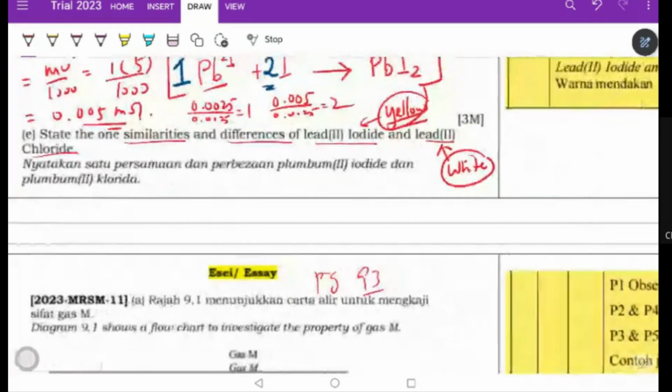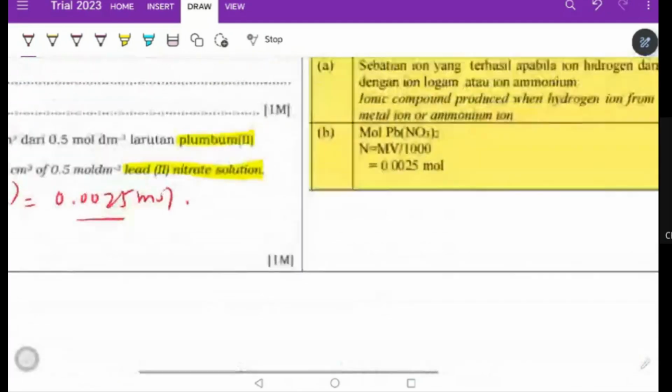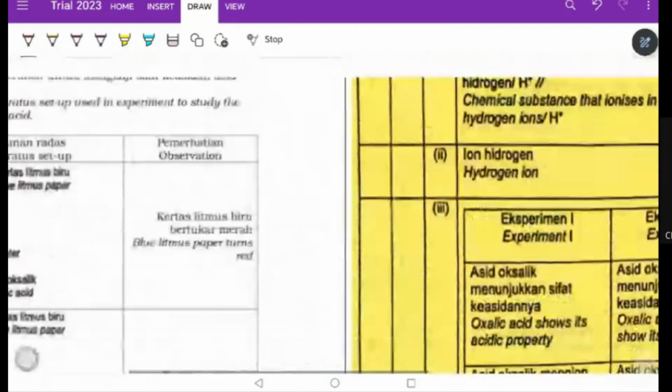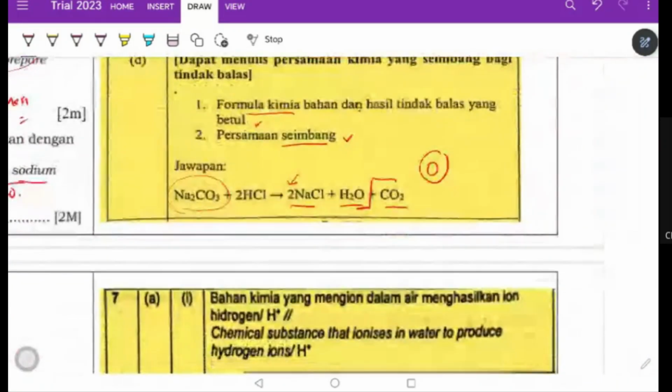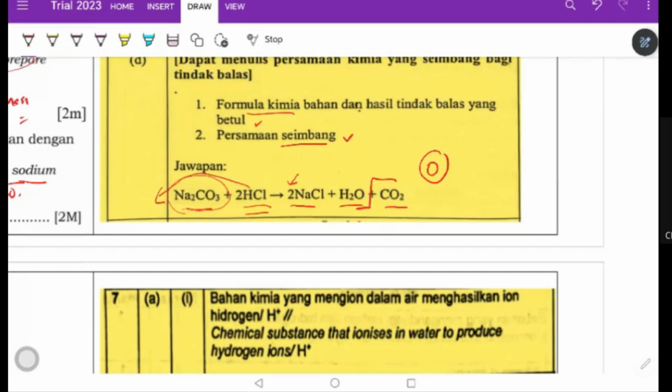Someone asks, can I write hydrochloric acid first, then this one later? Yes, you can exchange, as long as reactants and products position doesn't matter. You can write water first, carbon dioxide first or sodium chloride first. Position doesn't matter as long as it's under products.